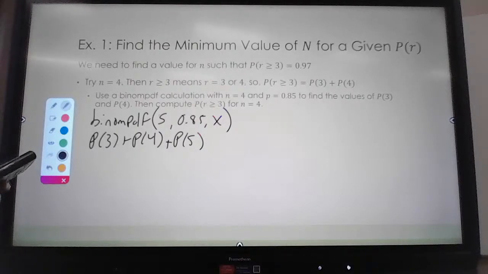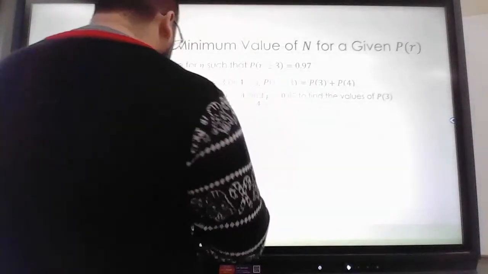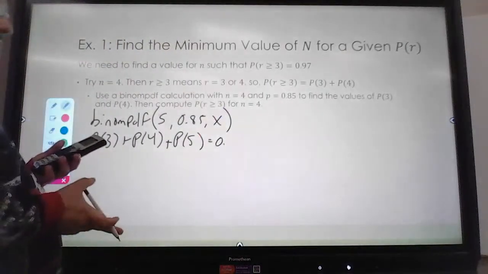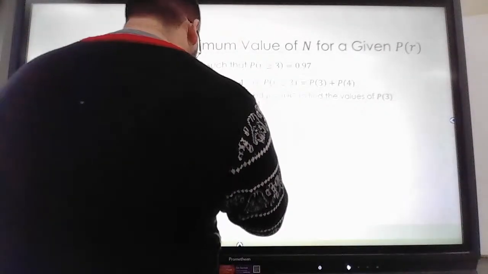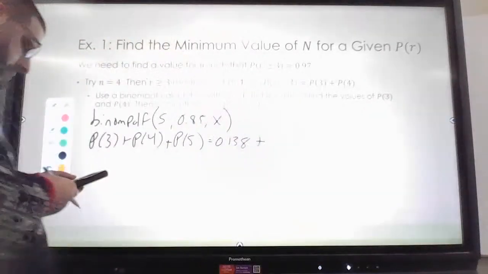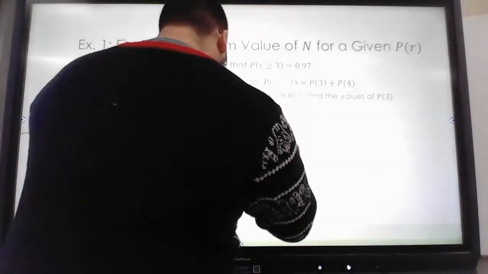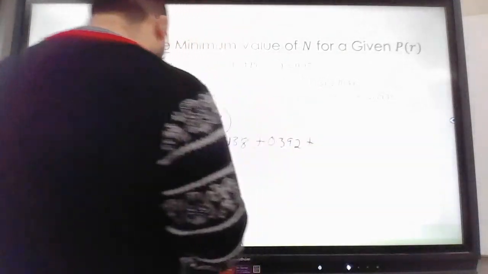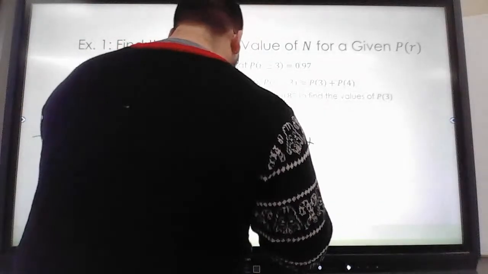So 5, and then this time my r would be 3. So I get 0.138. And this time, for the sake of speed, I'm just going to round to 3 decimal places instead. Let's see. For 4, I have 0.392, and for 5, I have 0.444.